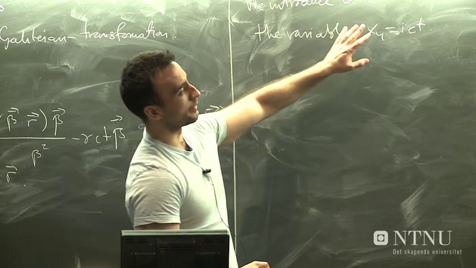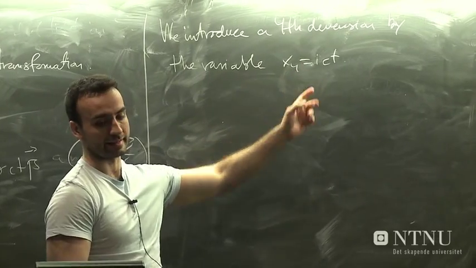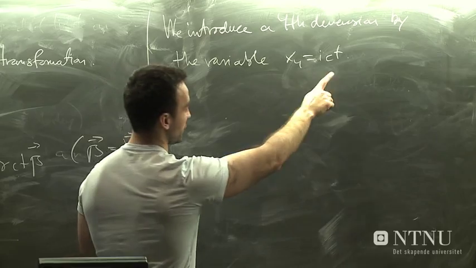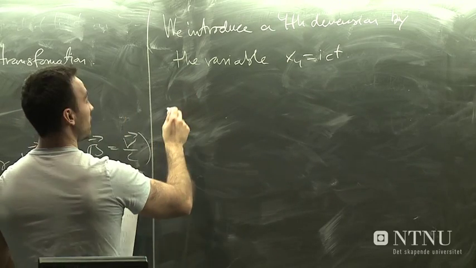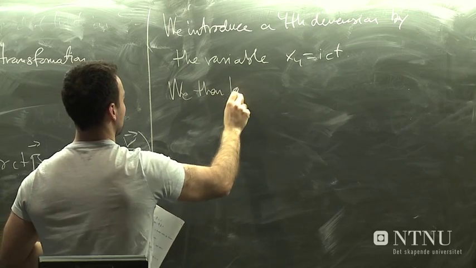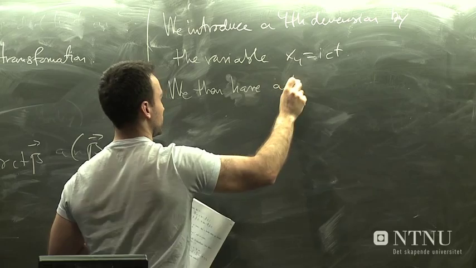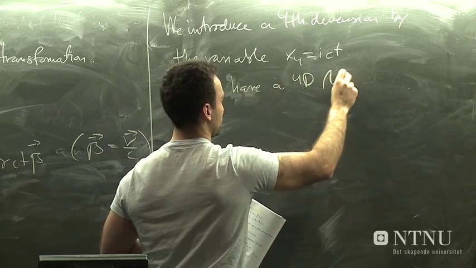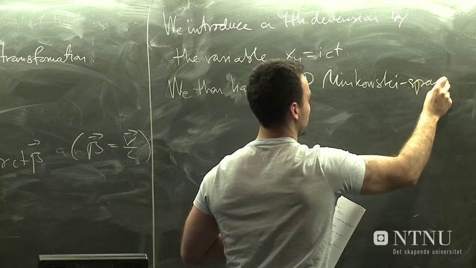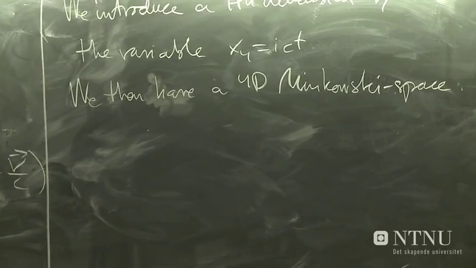So we introduce a fourth dimension. The first three dimensions are x, y, and z, and the fourth dimension is i, c, t. I will comment a bit later on this particular choice. So what we have at hand here is a four-dimensional so-called Minkowski space.